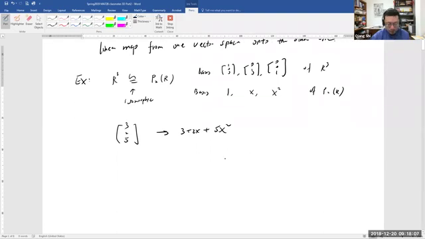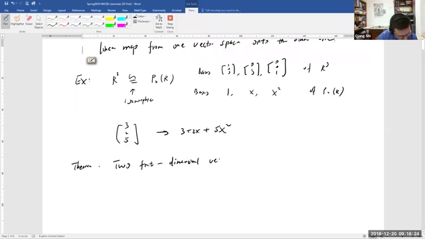All right, so this is the example. And why do we want to know this? Because the next theorem tells us two finite dimensional vector spaces are isomorphic.